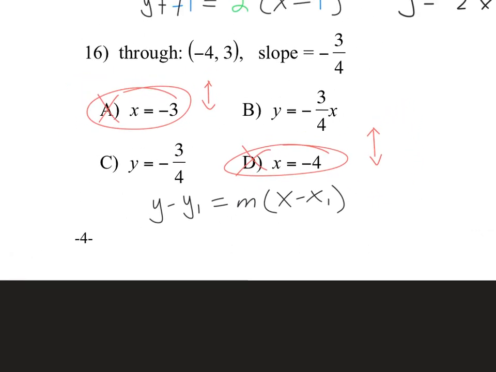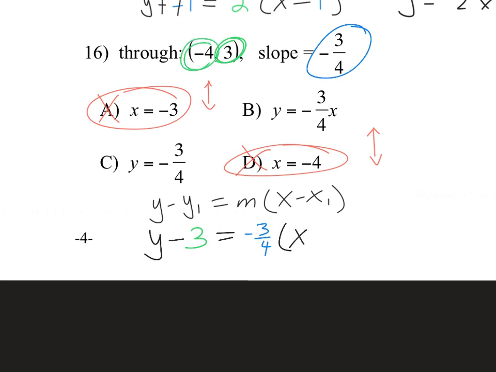So let's go through and do y. Instead of y minus y1, it's going to be y minus 3 equals, the slope is negative 3/4. And instead of x minus x1, it's going to be x minus a negative 4. So x minus a negative 4 means that's going to be x plus 4.